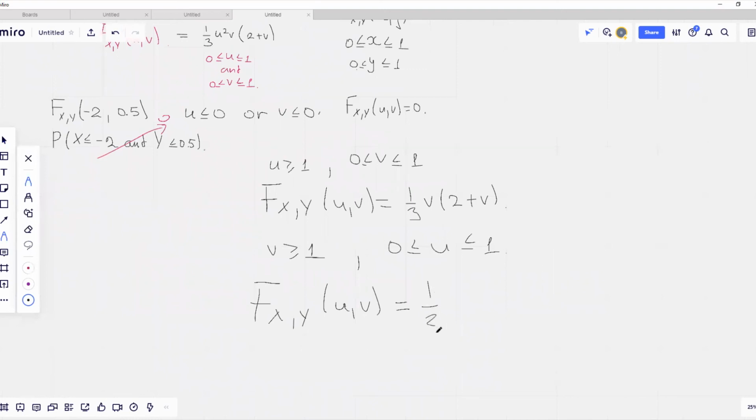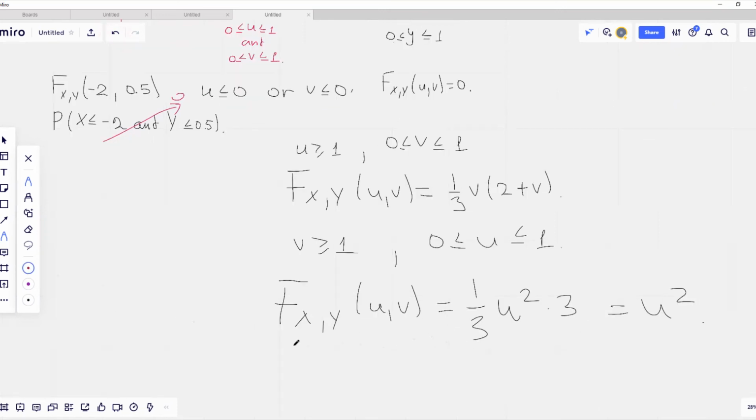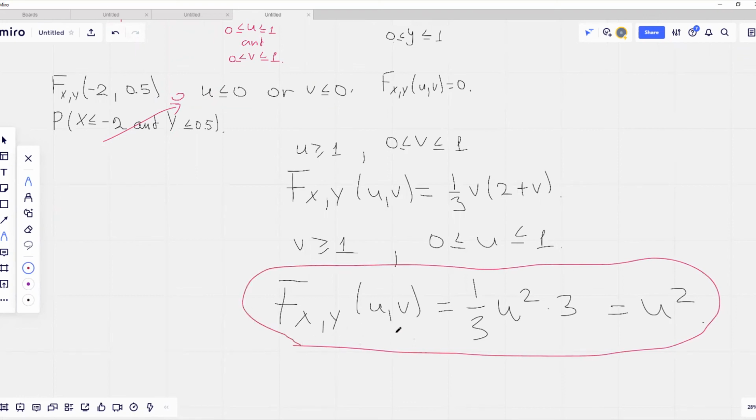So 1 over 3 u squared. Substituting 1 here, we'll get 3, so multiplied by 3. So simply u squared. Basically, this is a marginal CDF of random variable x.